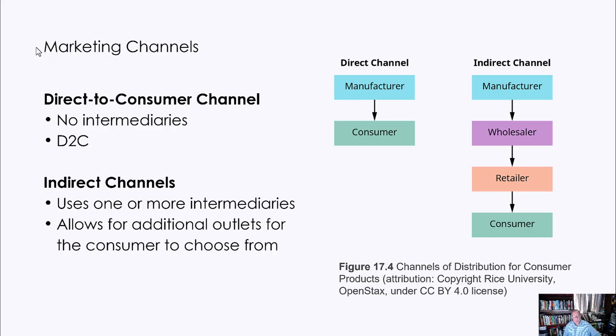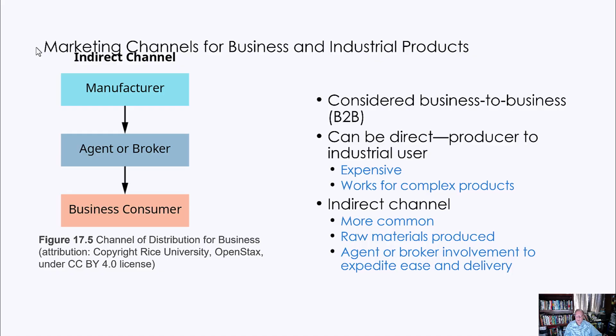So can I put a website up and pack and ship a fingernail clipper directly to the consumer? Probably not. It's probably not going to be cost effective for me to pack and ship a very small item like that. So sometimes our products may affect our choices of distribution channels because it just may not be economically feasible or economically viable.